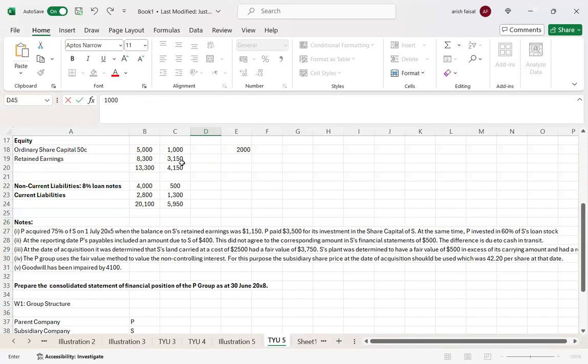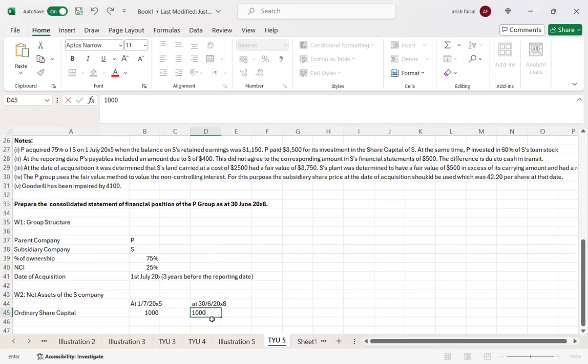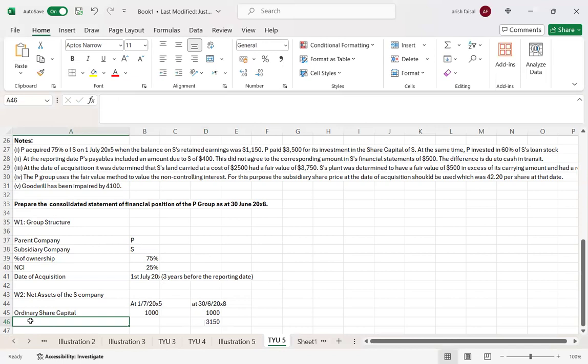However, for the retained earnings, it's 3,150. Okay. So that's going to be at the reporting date, straightforward. But for the acquisition date, we need to look at the information in the question if they have given it. Here, the balance on the S retained earnings was 1,150. Okay.